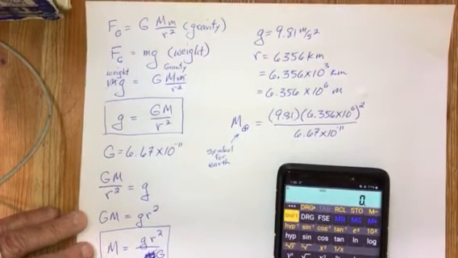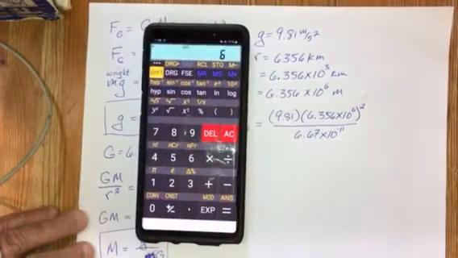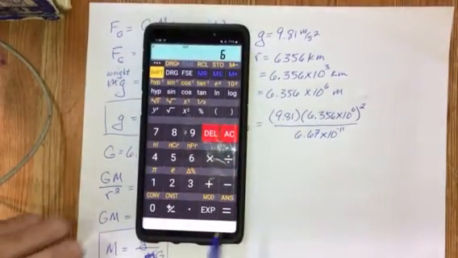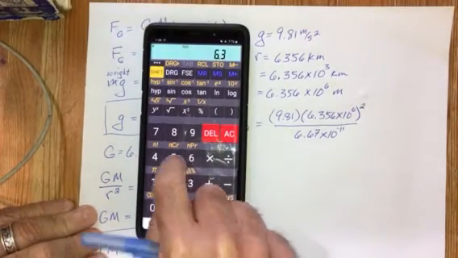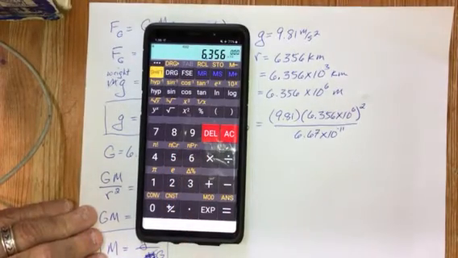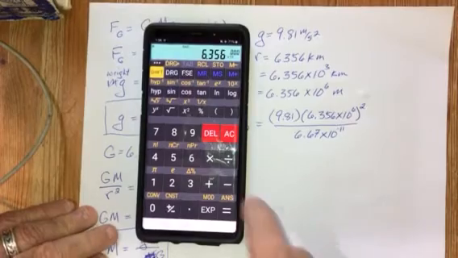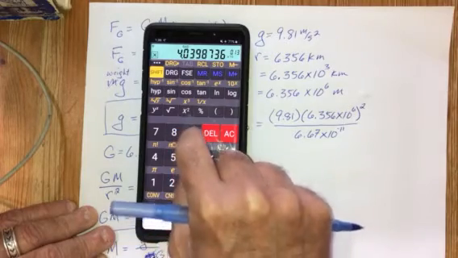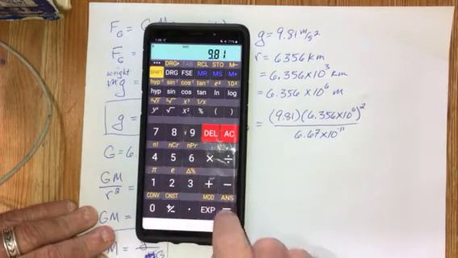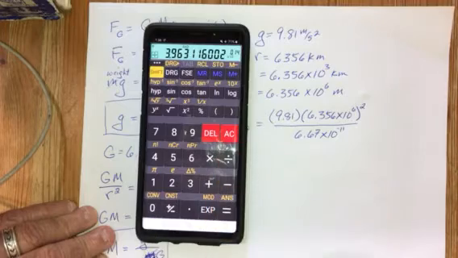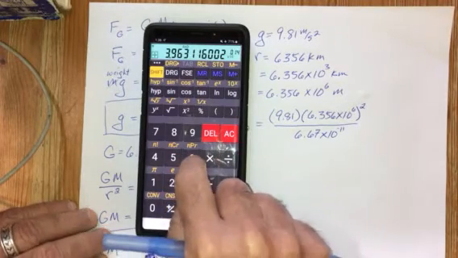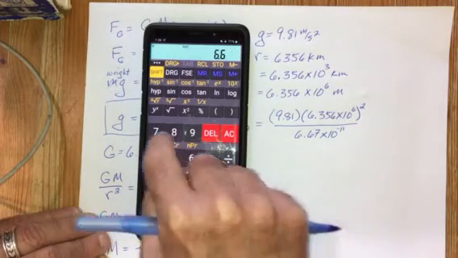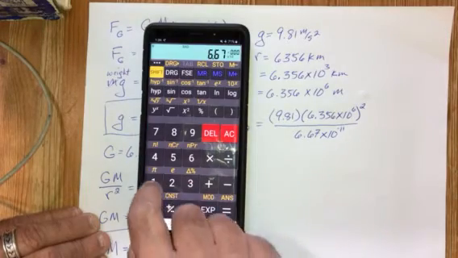Okay, so first let's do 6.356 exp, which means times 10 to the 6th power, and then we want to square that. Multiply that by 9.81, and then divide that by the gravitational constant, 6.67 exponent negative 11.